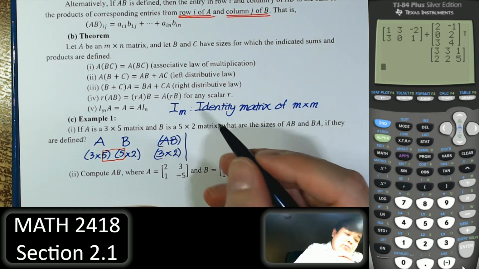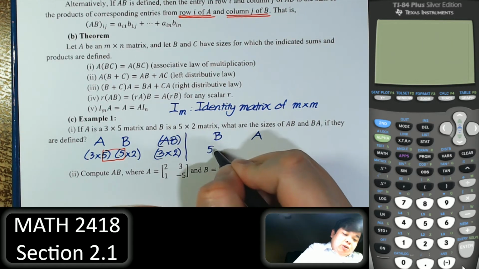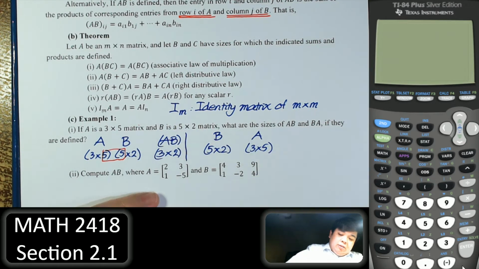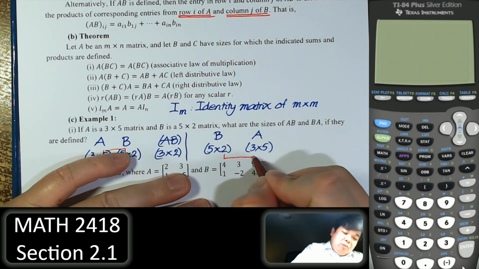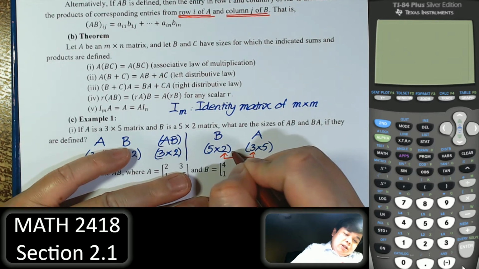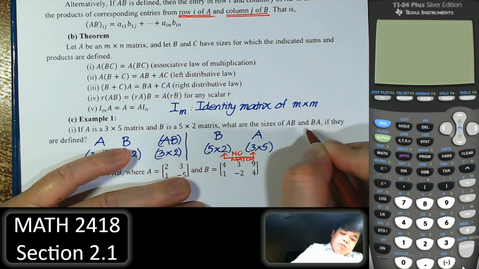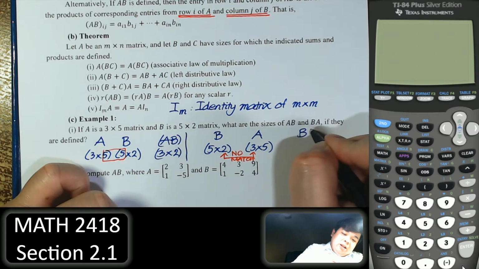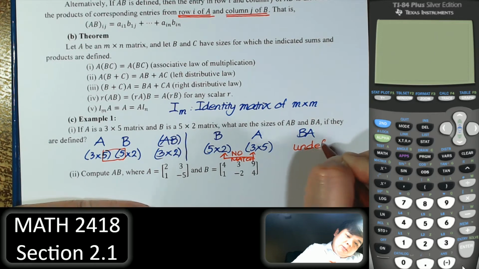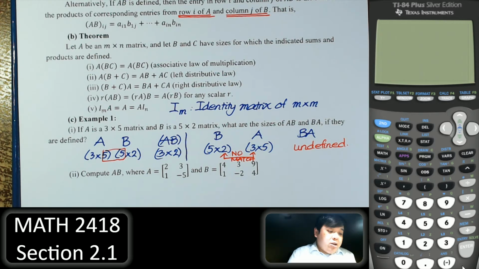Now if we switch the order, B times A, B is the 5 by 2, A is the 3 by 5, and these numbers do not match. So just say no match. In that case, the product BA is undefined.